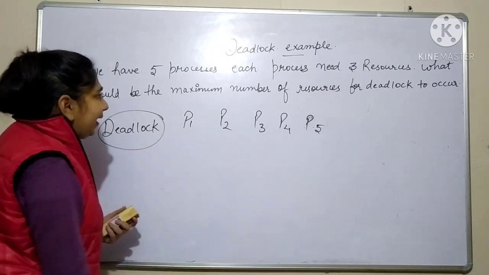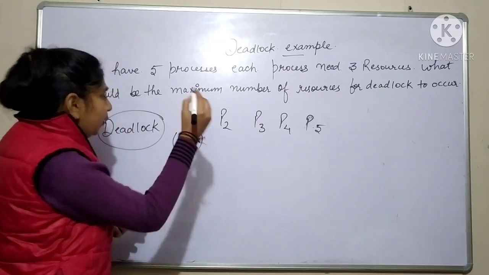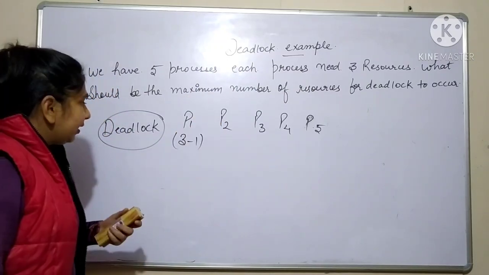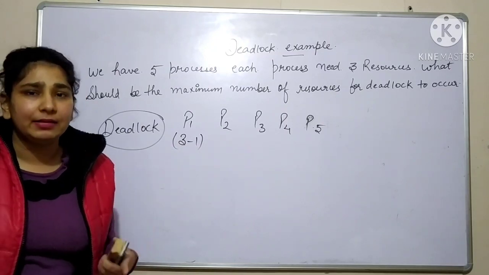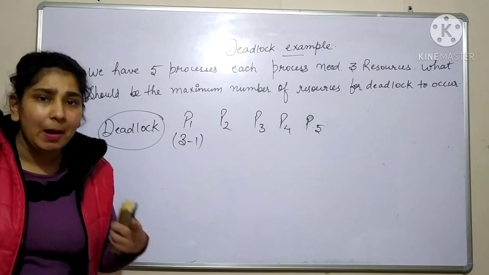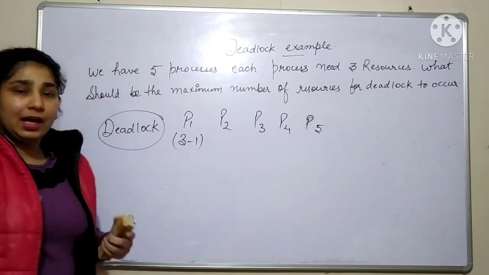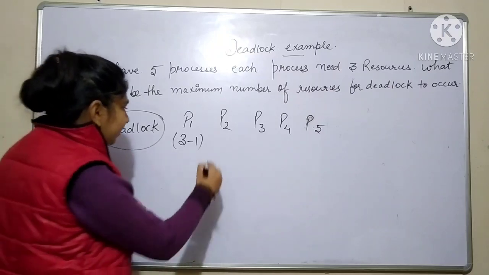If I allocate each process 2 resources, 1 resource less than its demand, then a deadlock problem might occur like this.